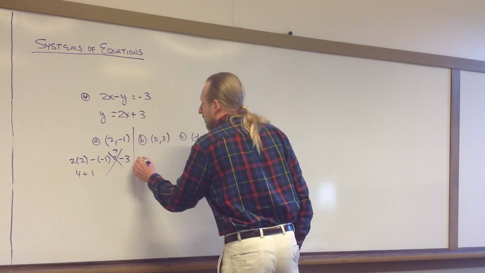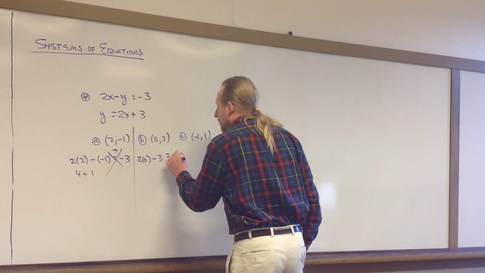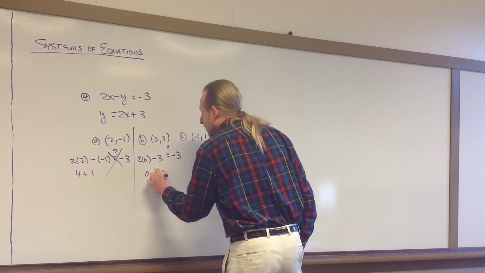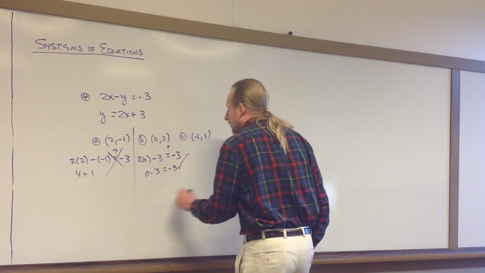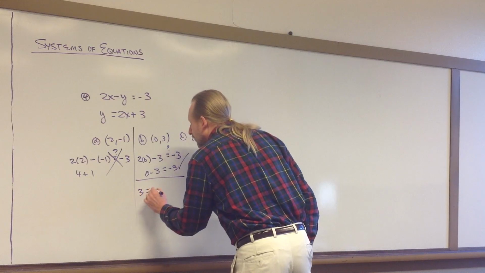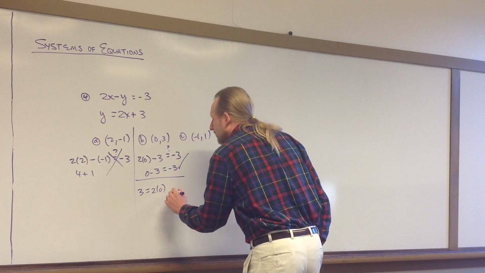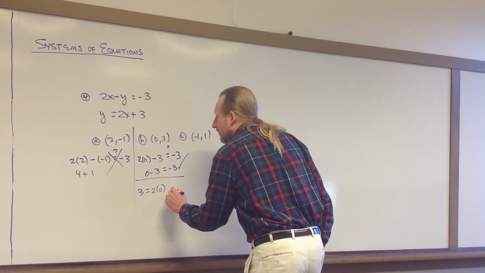If x is 0 and y is 3, does that equal -3? Yes. Check. What about the second one? If y is 3 and x is 0, does that satisfy the second equation as well?